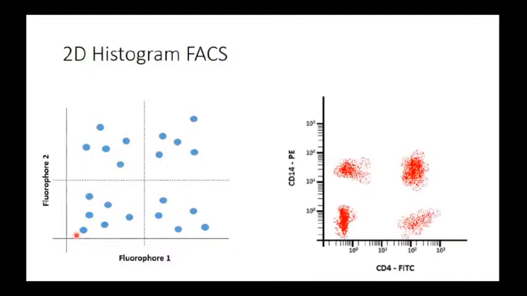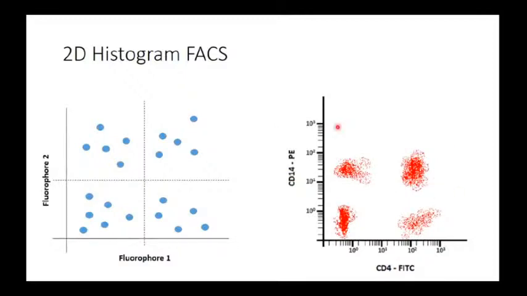If the cells are here, they are expressing protein 2 but not protein 1. These cells are expressing protein 1 because they have a high signal on the detector of fluorophore 1, but they are not expressing protein 2 because they have a low signal on the detector of fluorophore 2. And these cells are not expressing any of the proteins. Now I have a real two-dimensional histogram.